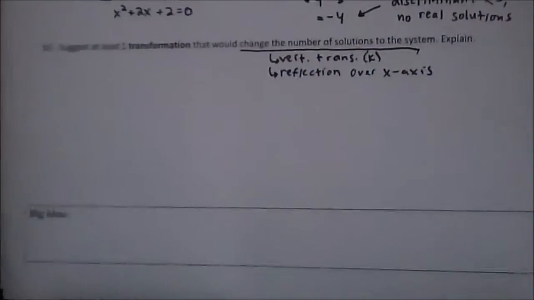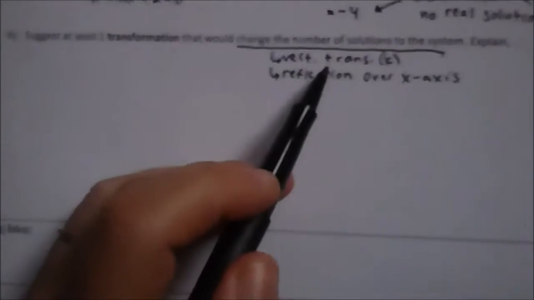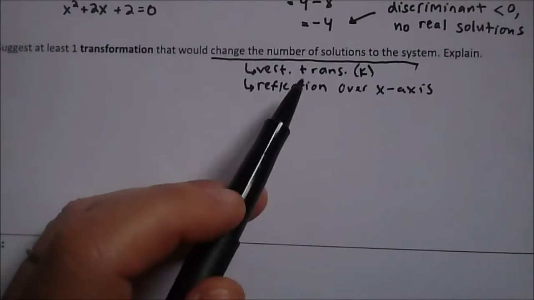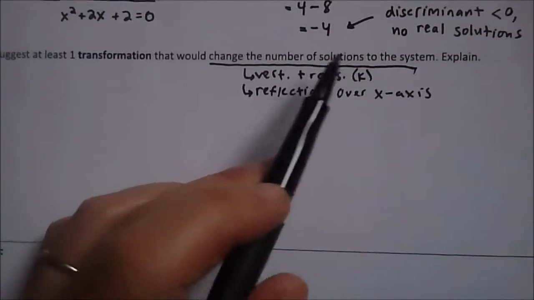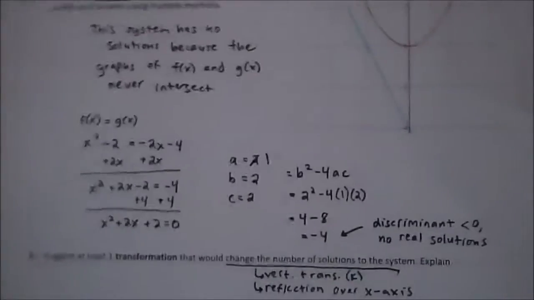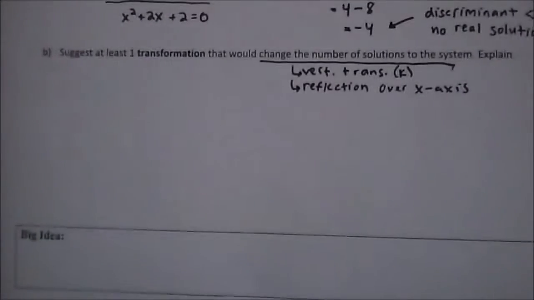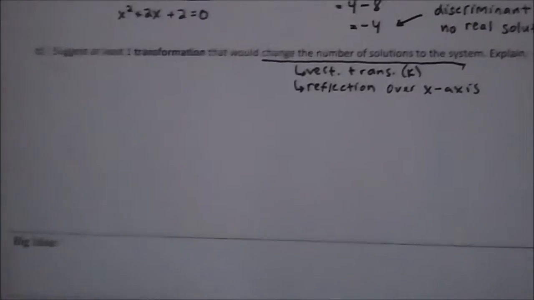So the question that I'm asking myself is, which of these two transformations can I use to make it so that there will be a different number of solutions to the system? So recall from our work in part A that we had no solutions to the system. So now I want to come up with a transformation that will give me at least one solution to the system.